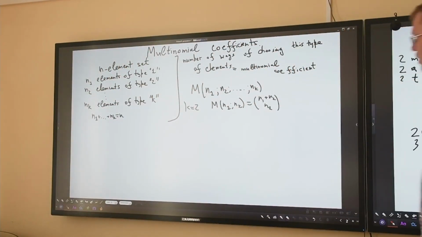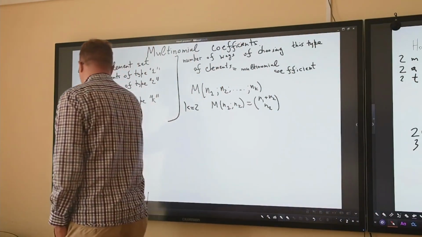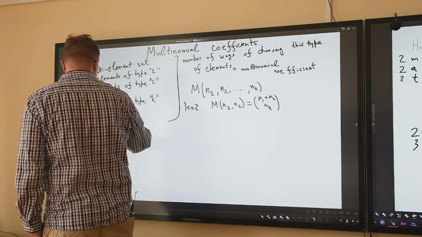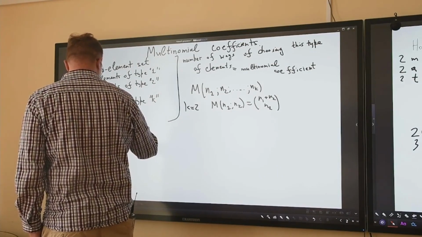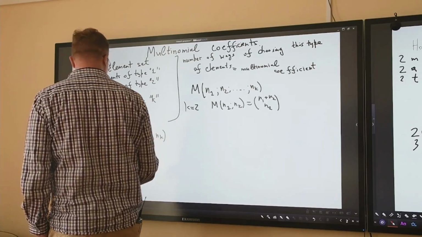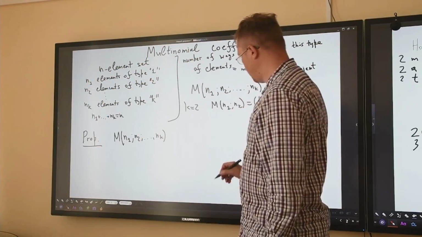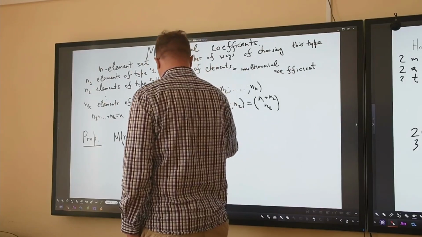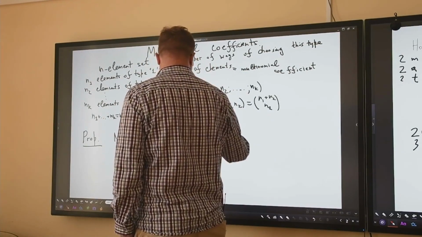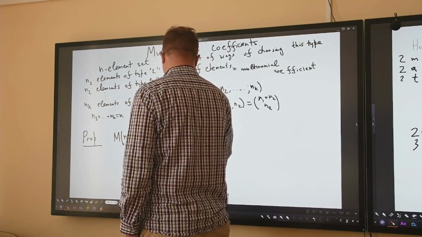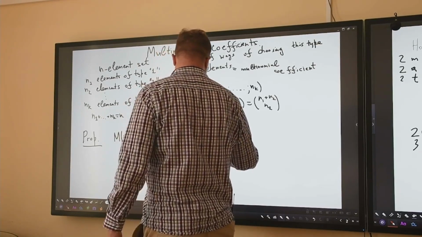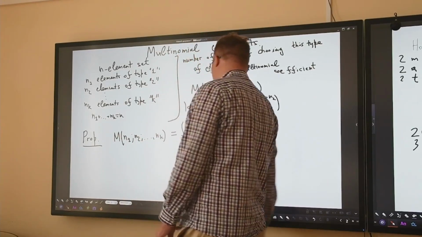And we can prove that the formula for M of n1, n2, etc., nk is n1 plus etc. plus nk factorial divided by n1 factorial, n2 factorial, etc., nk factorial.